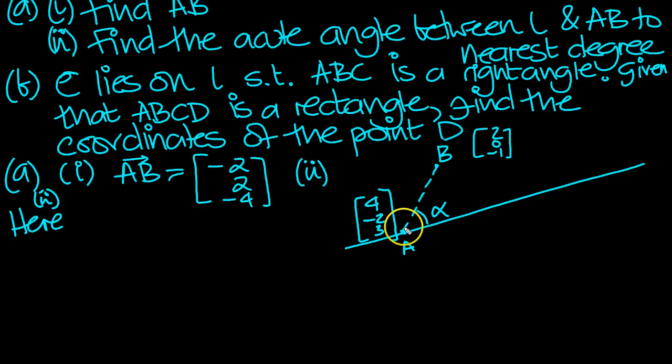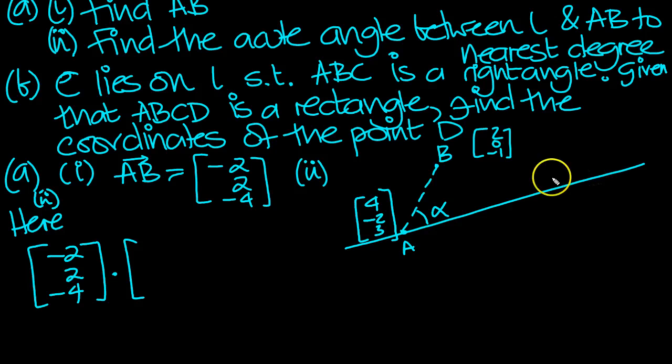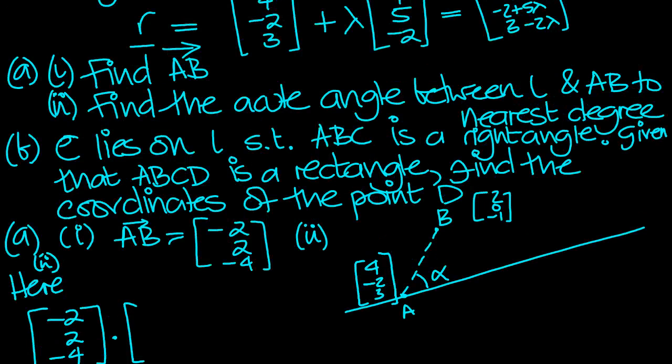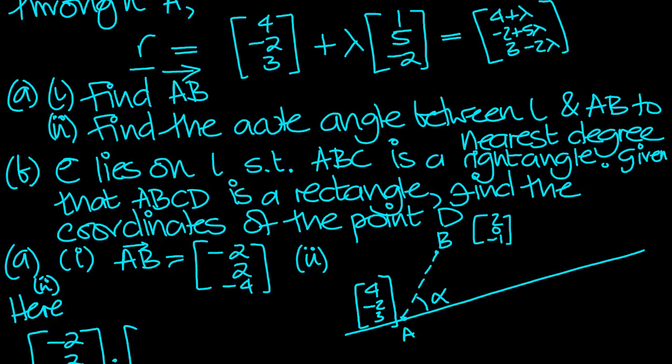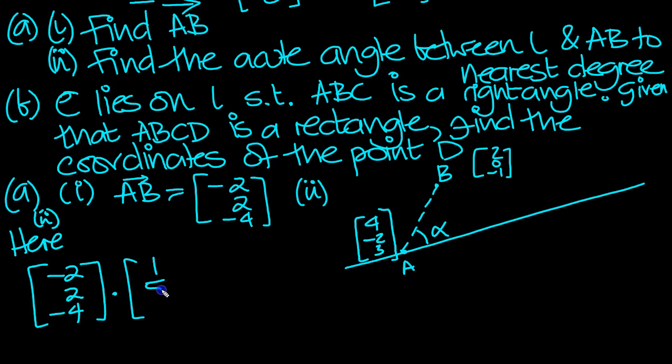The dot product of AB, which is -2, 2, -4, with the direction of the line L, 1, 5, -2, will equal the modulus of this vector times the modulus of that. Square this and square that: 16, 4 and 4 is 24, so the modulus of that vector is root 24. And 1, 25, 4 is 30.